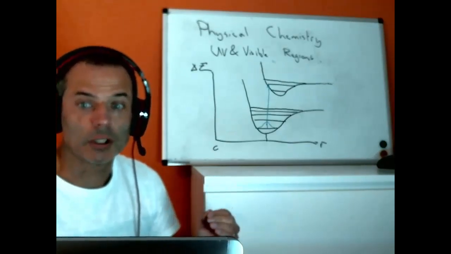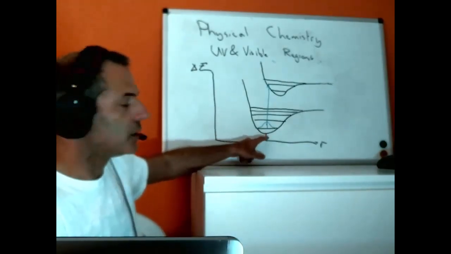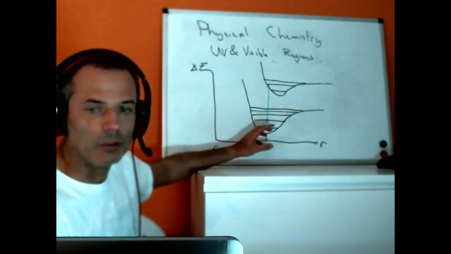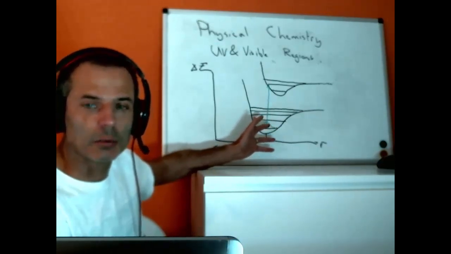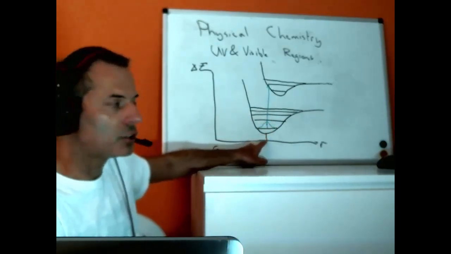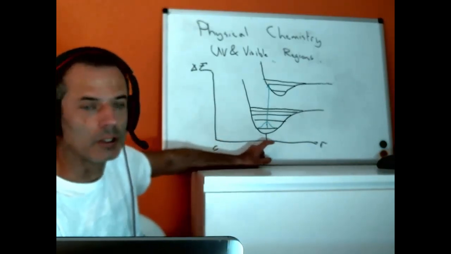Now we have the same logic as last time, but it's even stronger this time. If we excite our molecule, we are moving an electron to a higher level. The electron is a wave and it's very light, so we can do that, but we can't just shift this carbon atom to a different place while we're doing that.